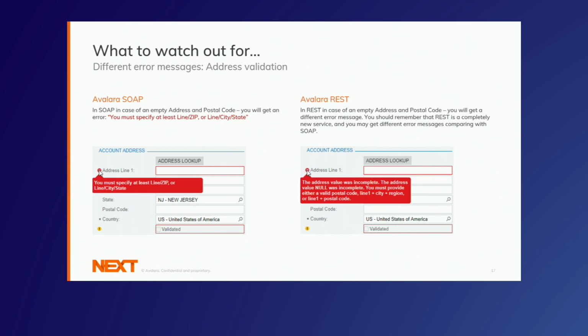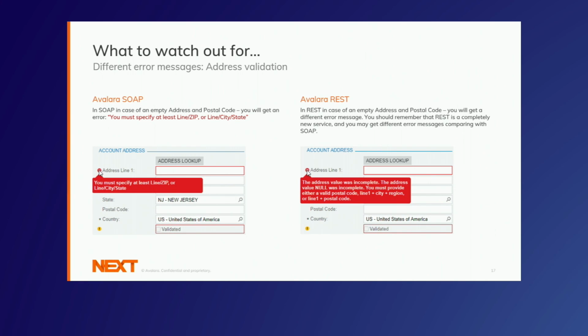In REST, in case of an empty address and postal code, you will get a different error message like: the address value was incomplete, the address value null was incomplete, and so on. Of course, the message is correct and it's even more detailed, but it's different.